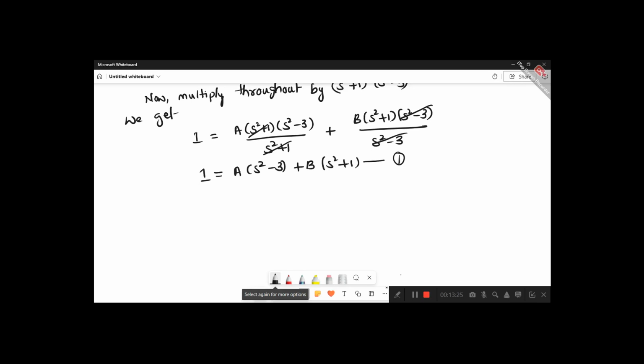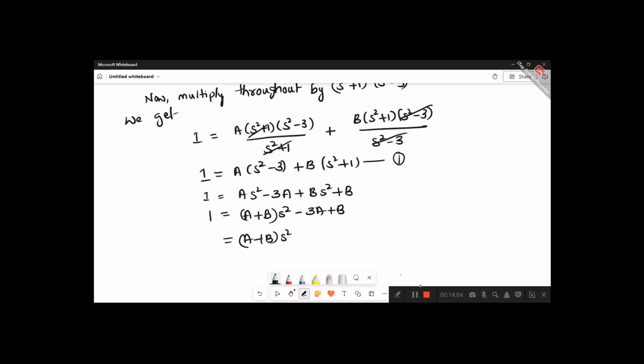I can see that s square I can take common, so that I'll get a plus b of s square minus 3a plus b is equal to 1. Now this also can be written as a plus b s square plus b minus 3a. So now I have 1 on the LHS.